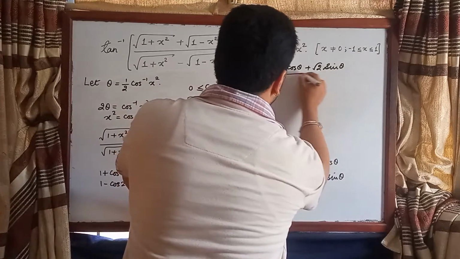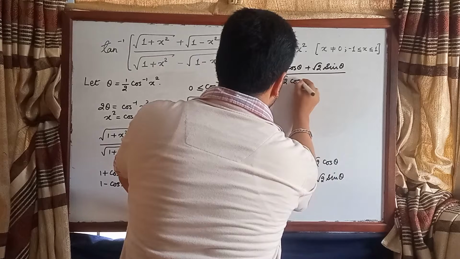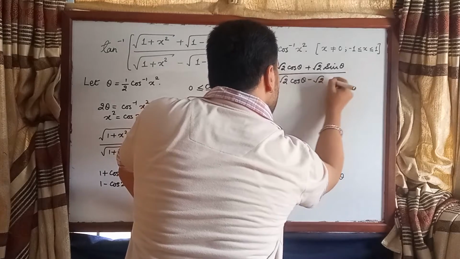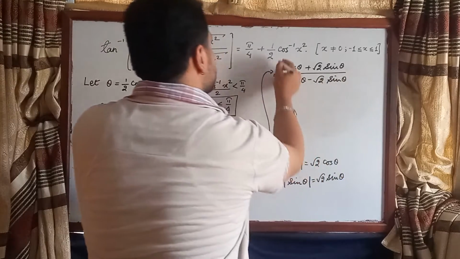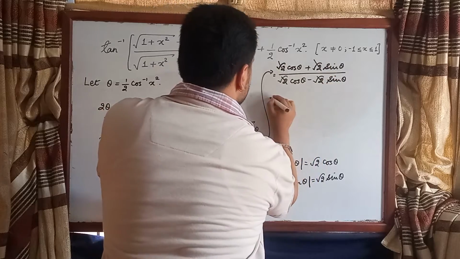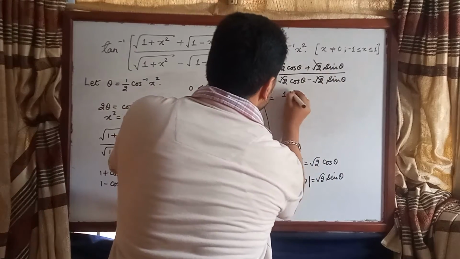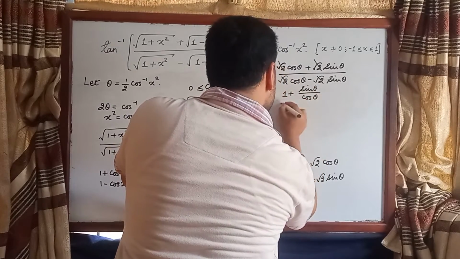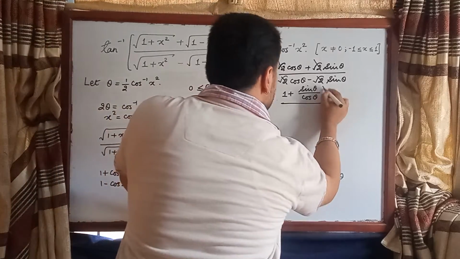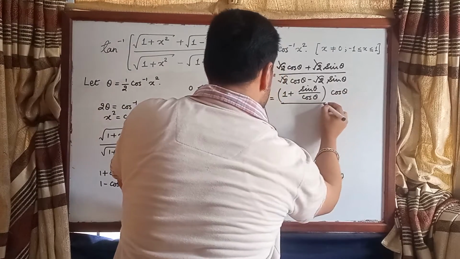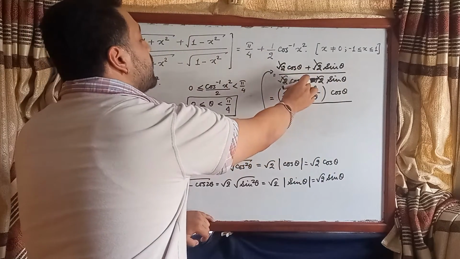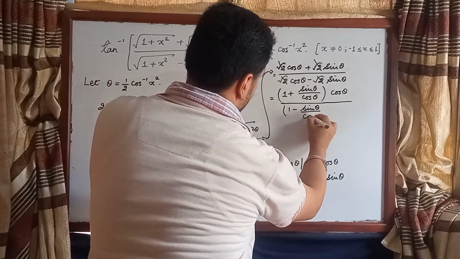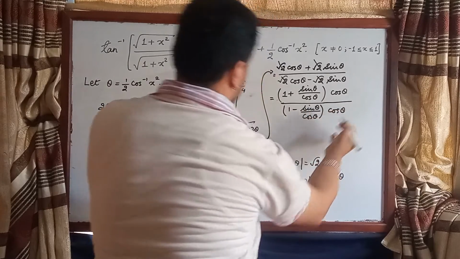And the denominator, same thing but minus. We can cancel these out easily so that we get 1 plus sine theta over cos theta over something like this if we factor out cos theta, and something like this if we factor out cos theta again.